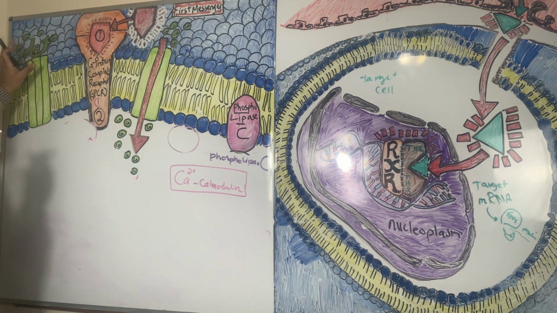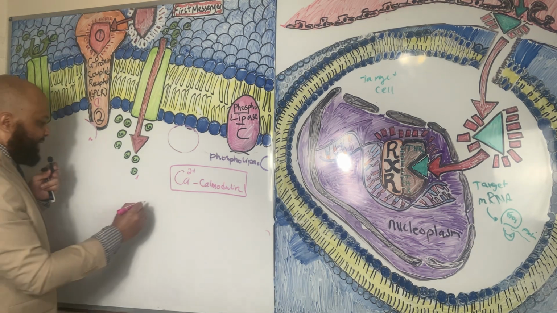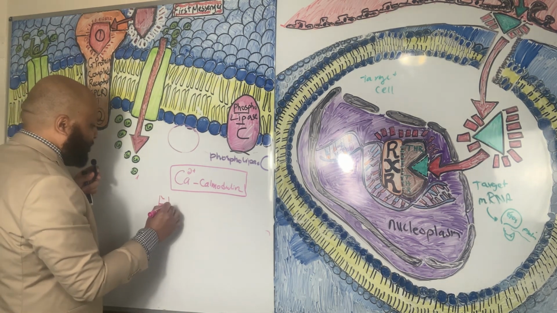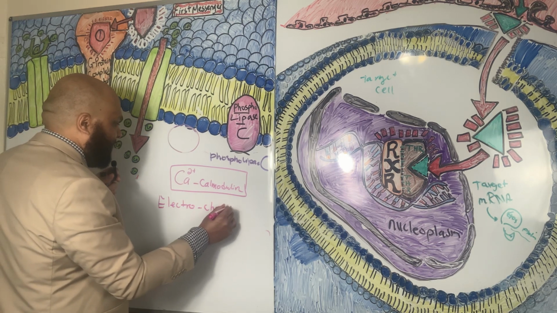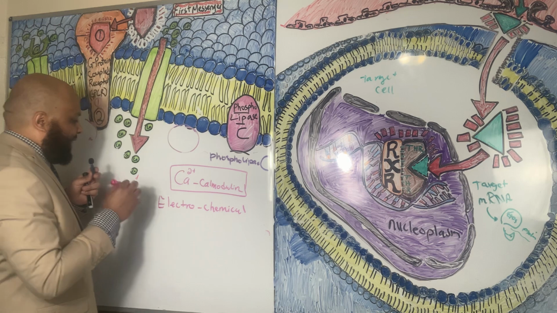So calcium has a high concentration on the outside of the cell, but it needs to enter into the cell because there are two gradients. There is an electrochemical gradient.